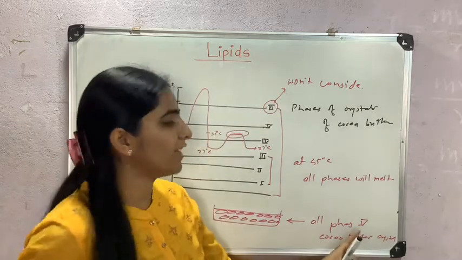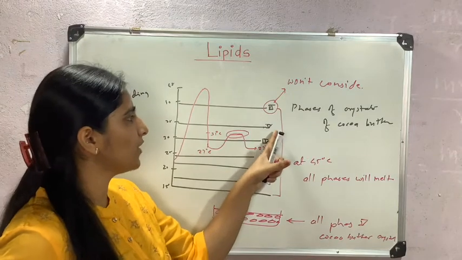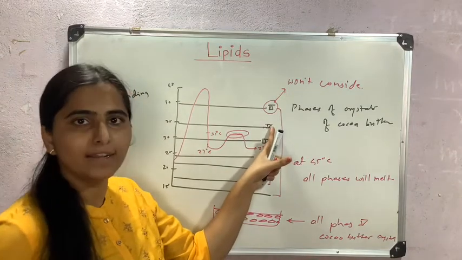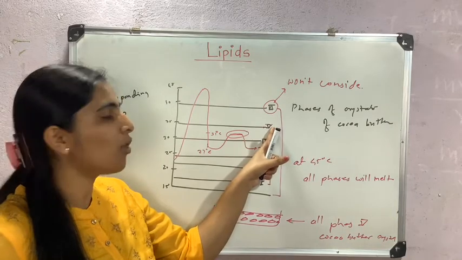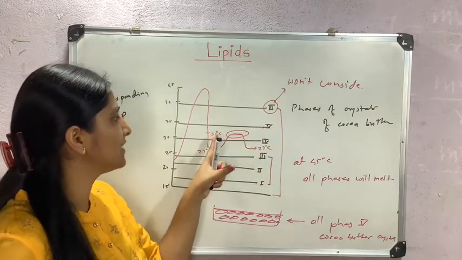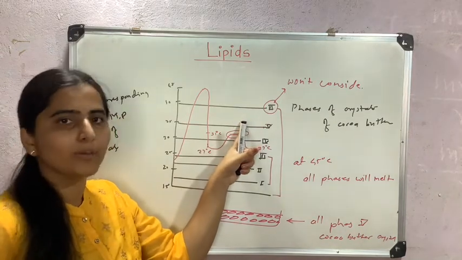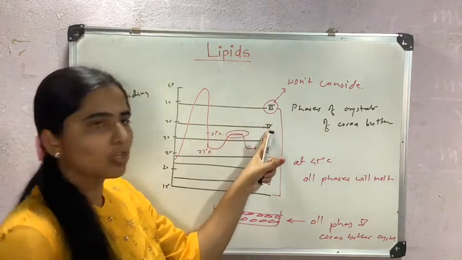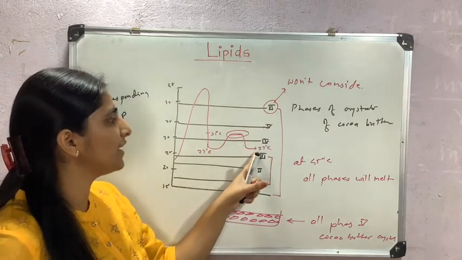Why are these phase 5 cocoa butter crystals desirable? Because they melt in our mouth at body temperature, that is 37 degrees Celsius, which is above the melting point of phase 5, and they remain solid in our hand or at room temperature, that is 27 degrees Celsius.